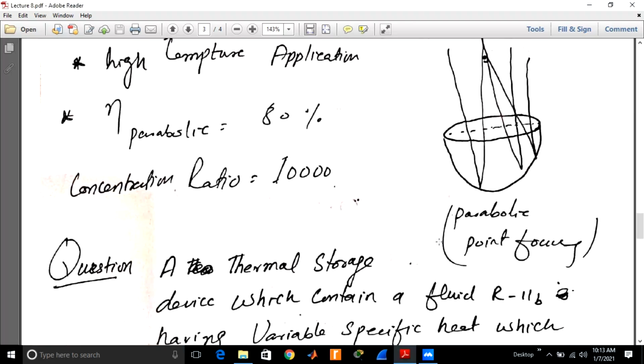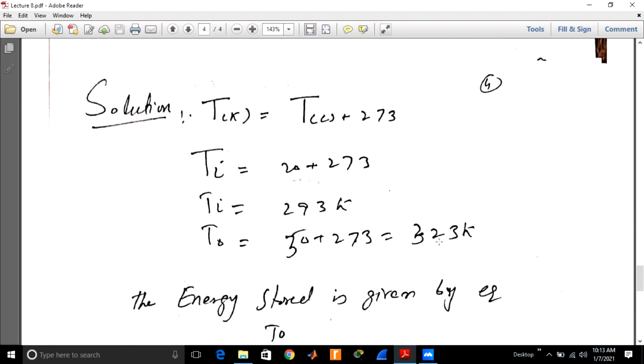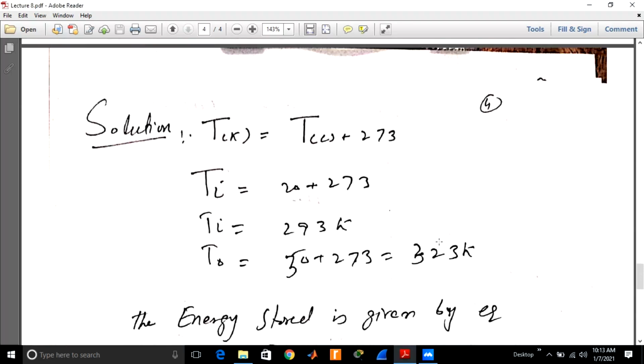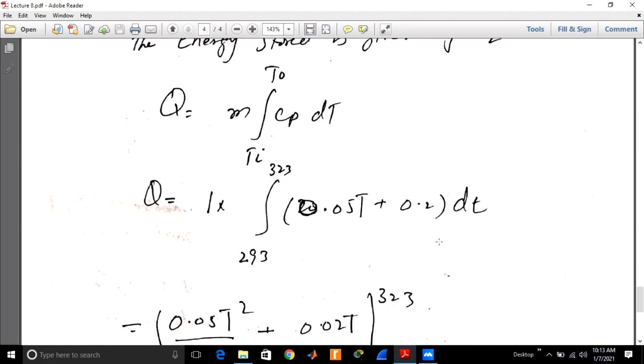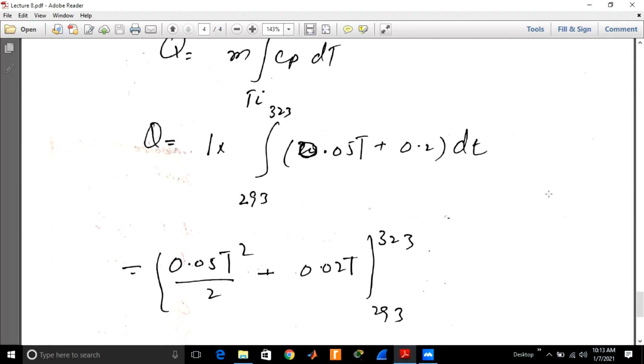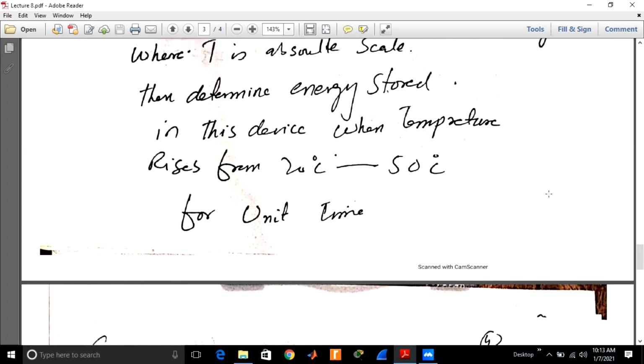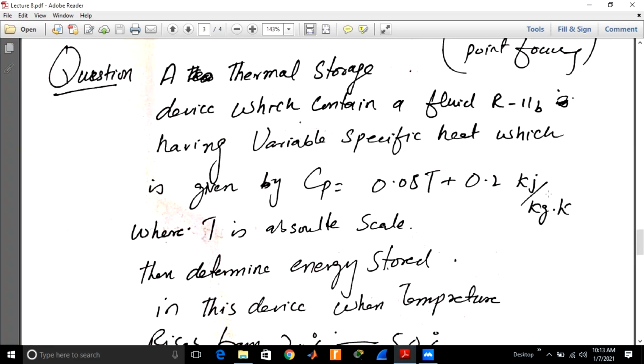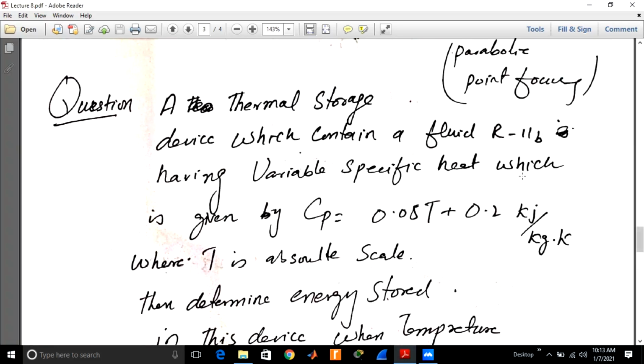For example, it depends on the temperature like this. We will discuss here that a specific heat, which is given by Cp, is 0.0 T plus 0.2 kilojoule per kilogram per Kelvin.